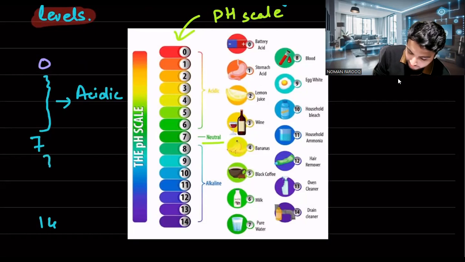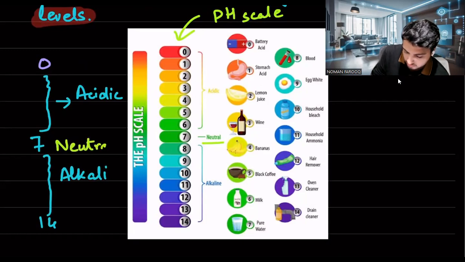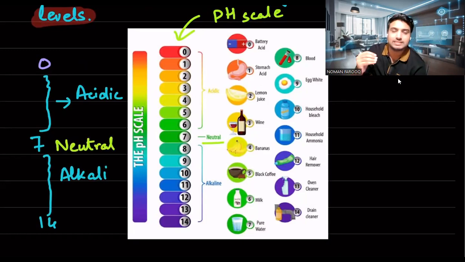And if it gives a reading from 7 to 14, it means it is alkali. And if the reading is exactly at 7, that represents neutral. So 0 to 7 is acidic, 7 is neutral, and 8 to 14 is alkali.